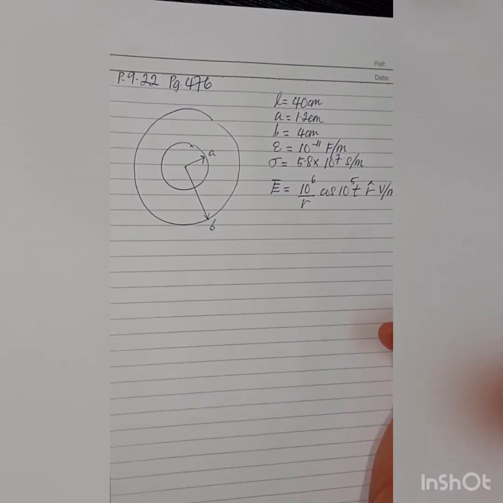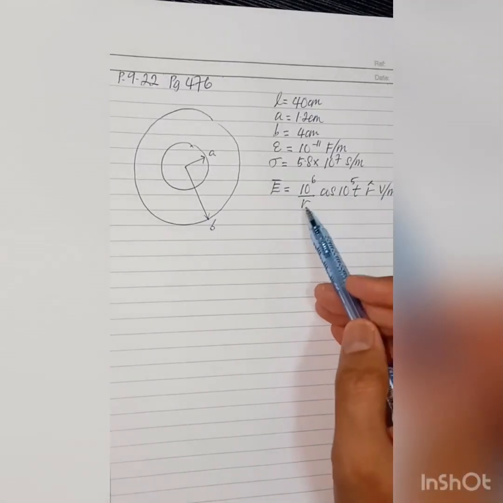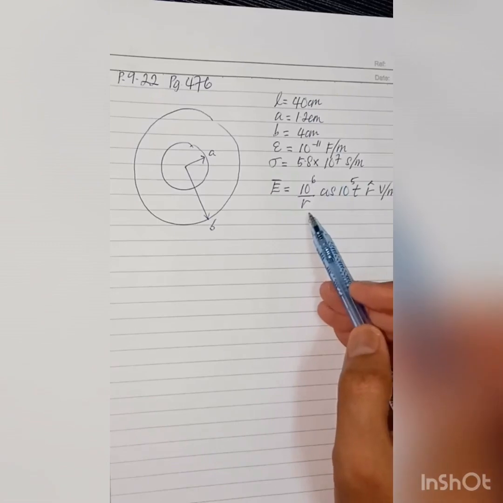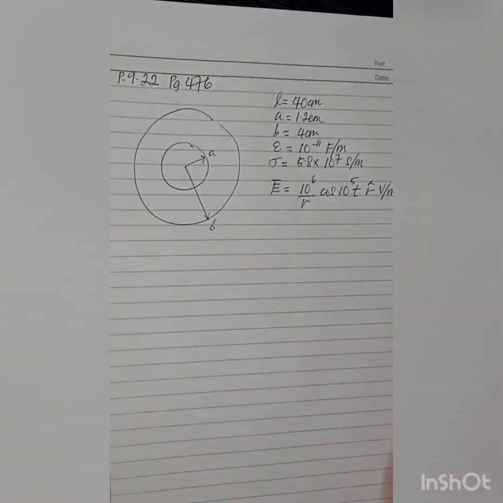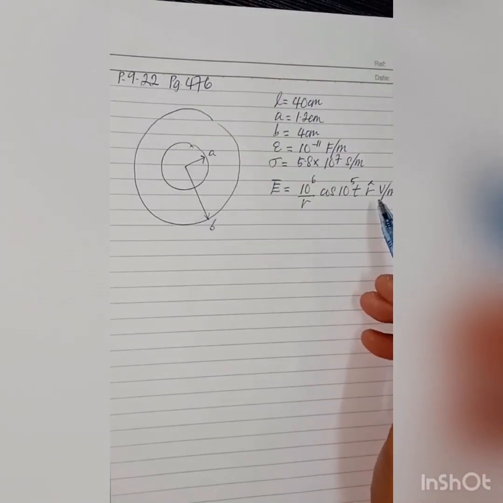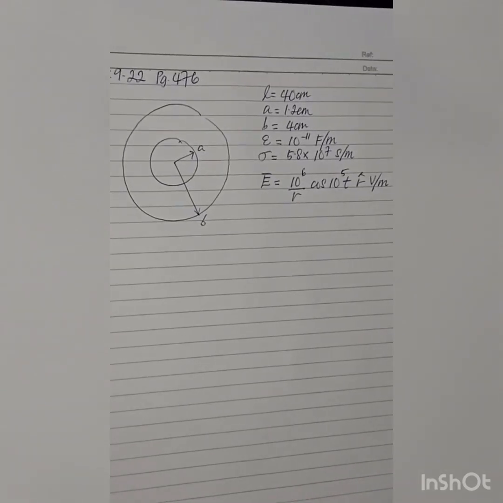And then we are given straight away the E field that actually propagates within this coaxial capacitor, as shown here, 10 power of 6 over r cos 10 power of 5 t, in the r direction.